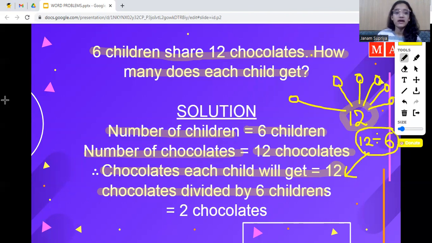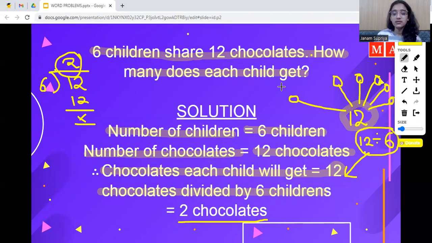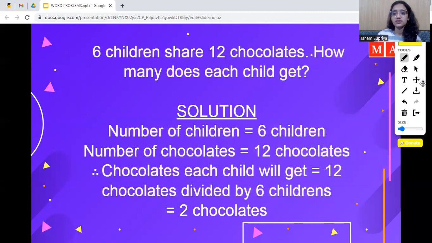So when we divide 12 by 6, we get 2. So this is the answer, 2 chocolates. Each of the children will get 2 chocolates: 2, 2, 2. So this is how division worked in this question.